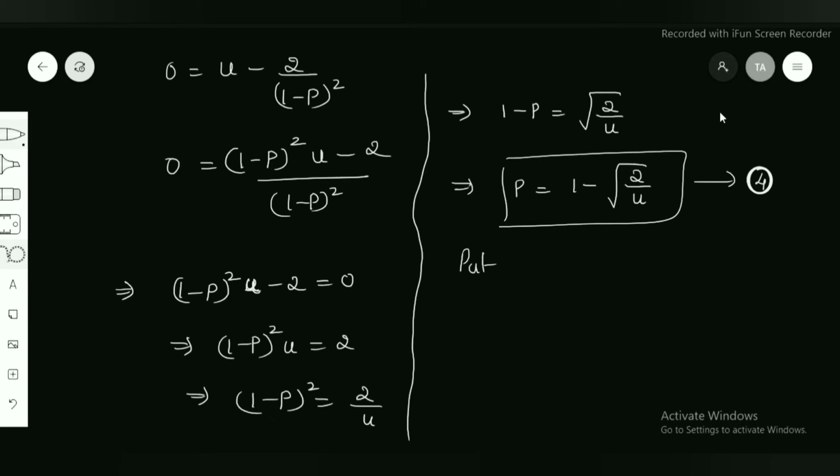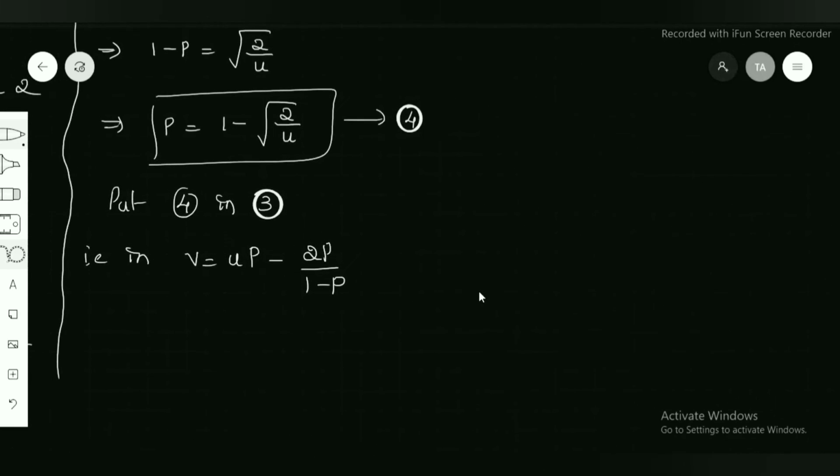Now the final step: put 4 in 3, that is in v is equal to up minus 2p by 1 minus p. Let us substitute this value now.